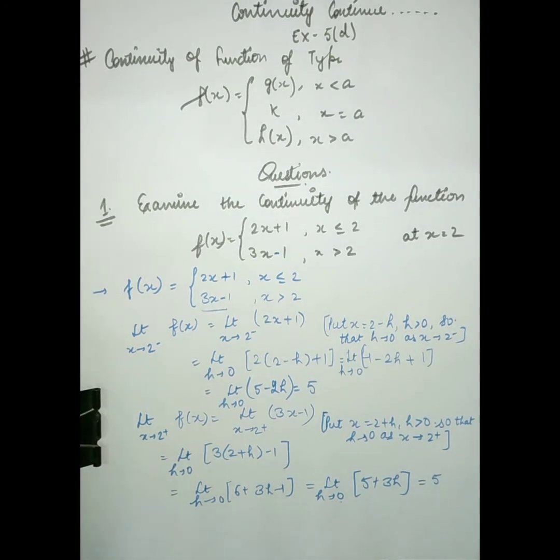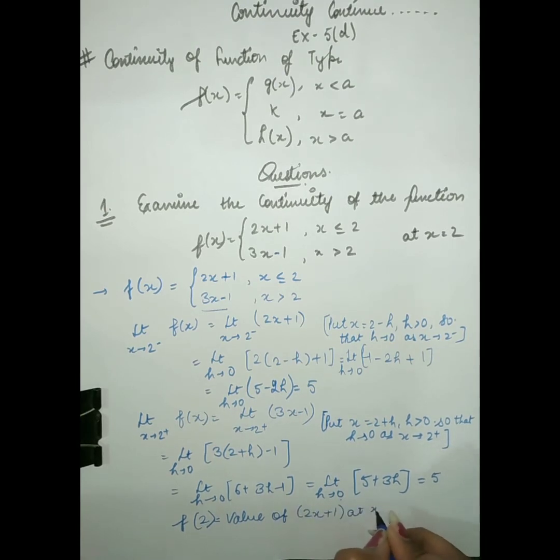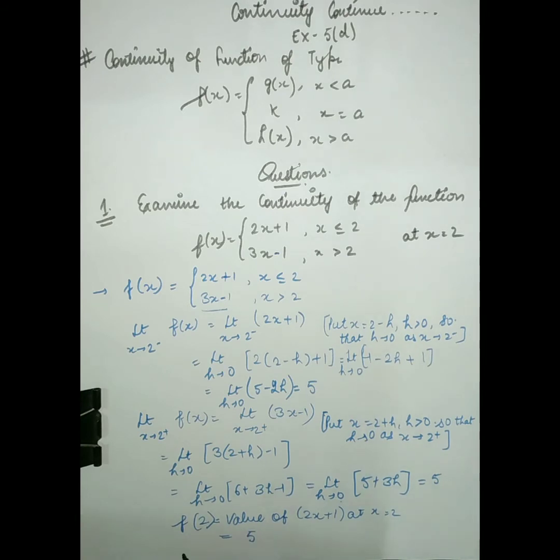So the function at x equals 2 has the value 2x plus 1 at x equals 2. Now we put x equals 2 here, then it becomes 5. So the function at x equals 2 is 5.